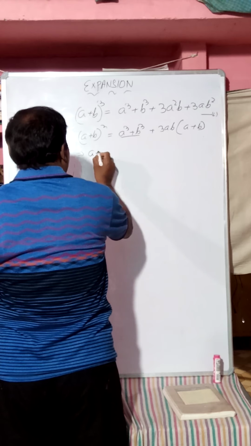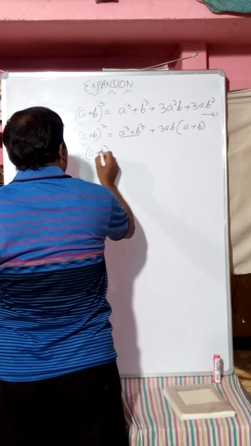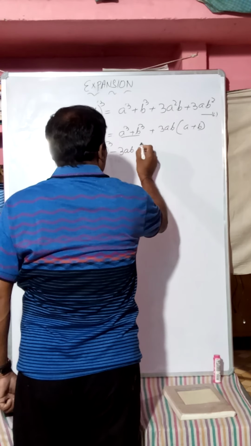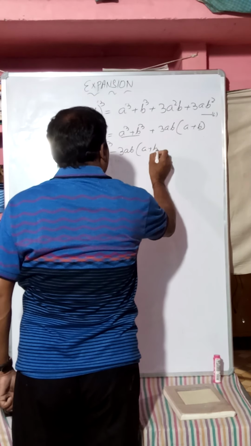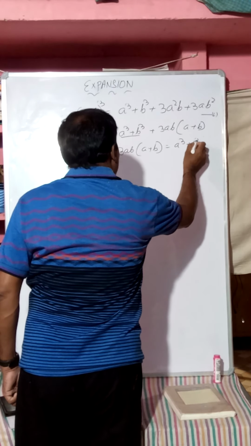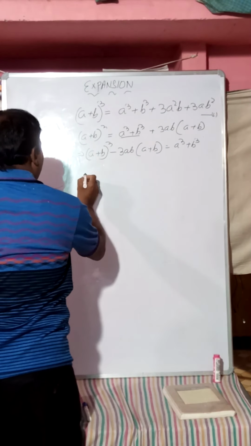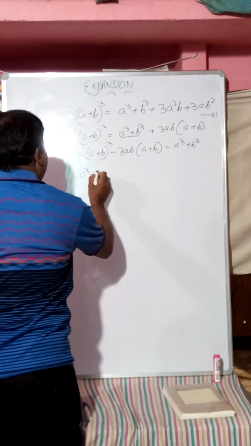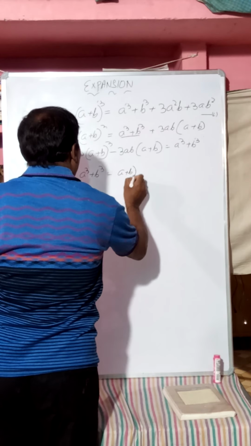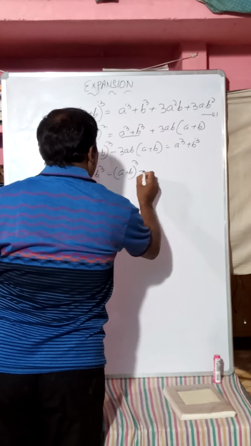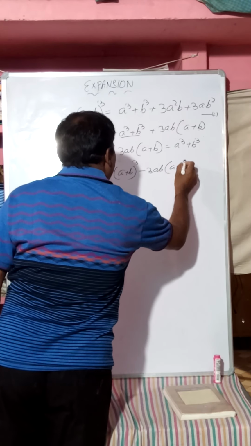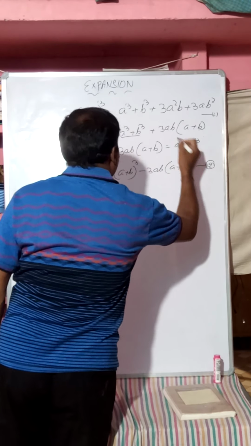That is (a plus b) whole cube minus 3ab whole into (a plus b) is equal to a cube plus b cube. So another formula will be a cube plus b cube is equal to (a plus b) whole cube minus 3ab whole into (a plus b). This is the second formula.